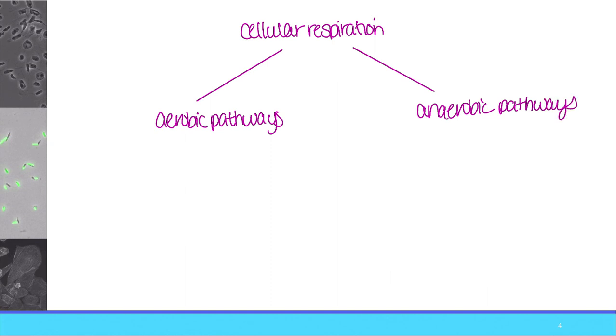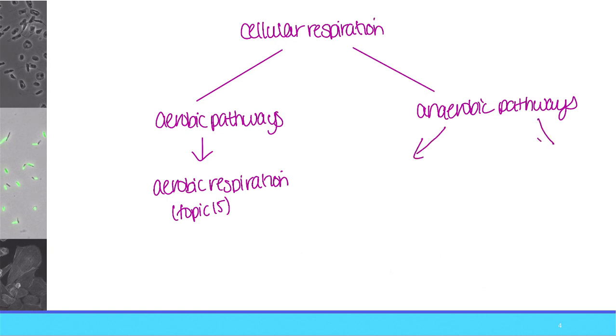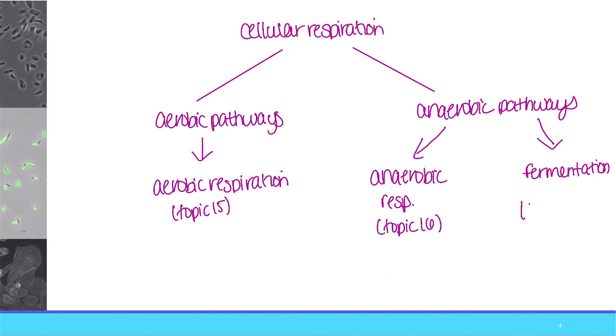For our aerobic pathways, the aerobic pathway that we have talked about is aerobic respiration. This was topic 15. On the right, for anaerobic pathways, we can split that into anaerobic respiration and fermentation, both of which will be covered in this topic. So again, this is just putting everything that we just said on the previous page into a pictorial version.